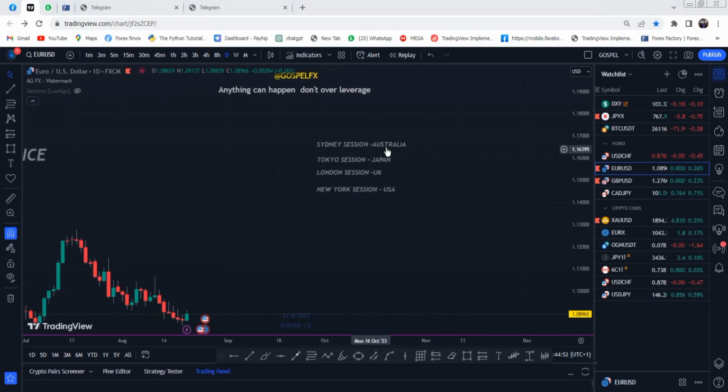Now, the first session and the second one are not really volatile. Why are they not volatile? This is because these pairs barely involve the United States.